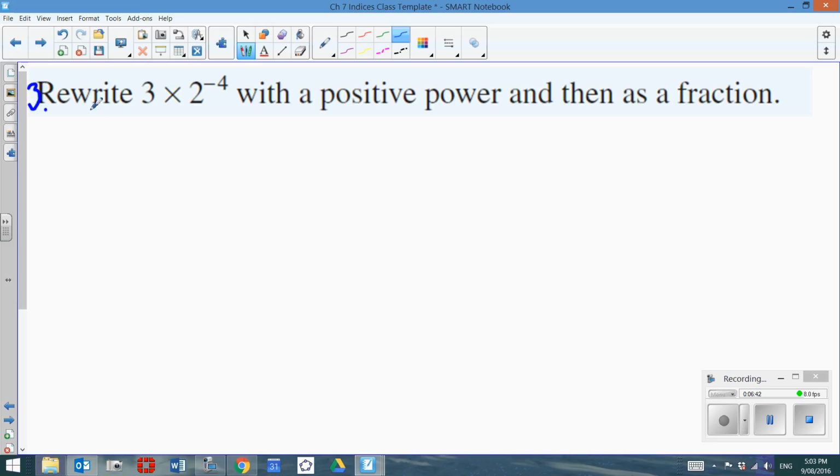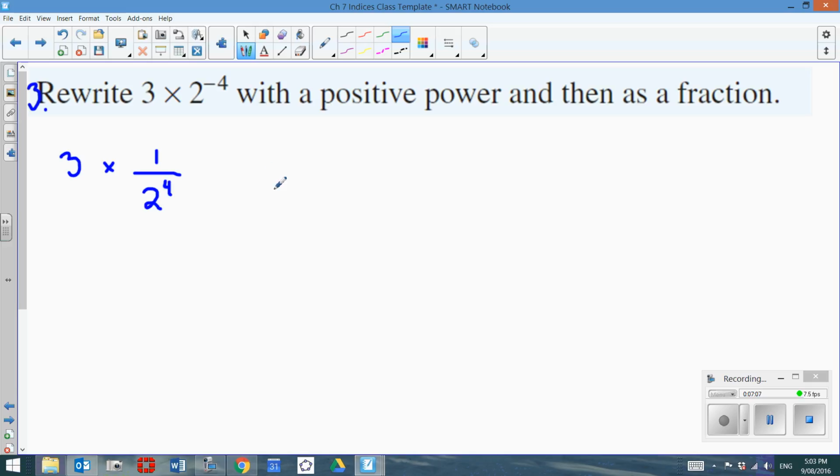For our third example, we are going to rewrite 3 times 2 to the negative 4th with a positive power. The 3 does not have a negative index, so I leave it as is, times 2 to the negative 4th. To write 2 to the negative 4th with a positive power, I need to write it as a reciprocal.